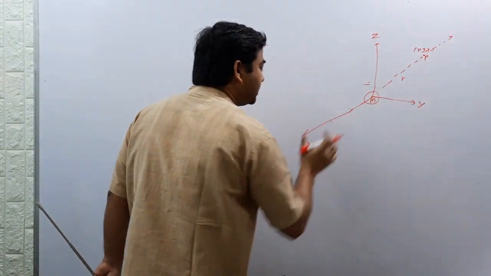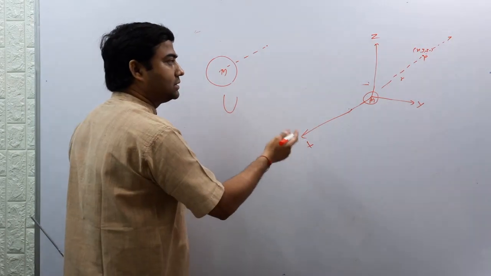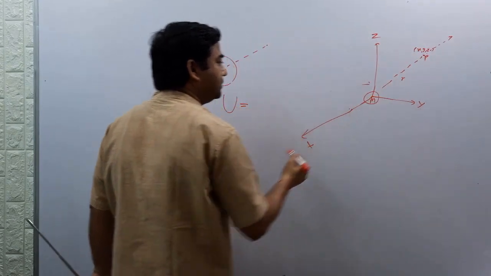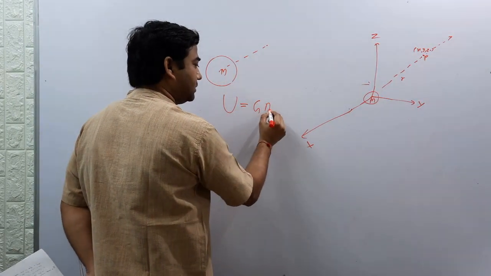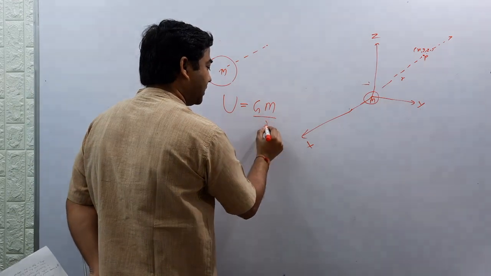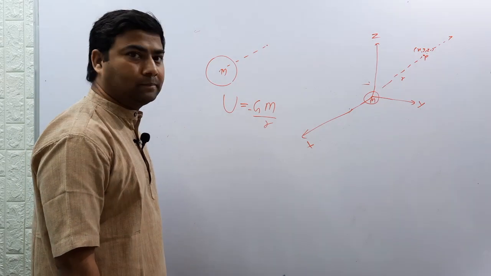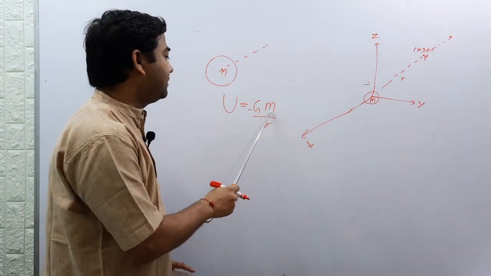So we know from Newton's law the potential energy of unit mass at point P is minus G m by r. There is a simple formula of potential energy, G m by r.